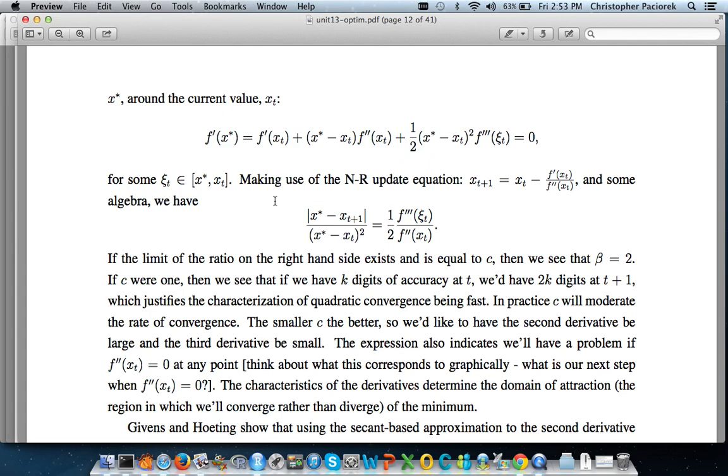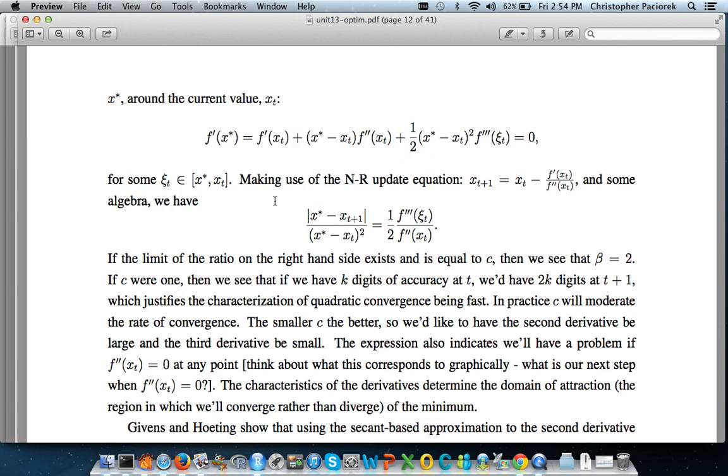And what I'll derive if I do that is this equation here: the error at xt+1 divided by the square of the error at xt is equal to this on the right-hand side. If that limit on the right-hand side exists, then that's going to be the c that we're looking for, and we can now see that the beta is actually 2.